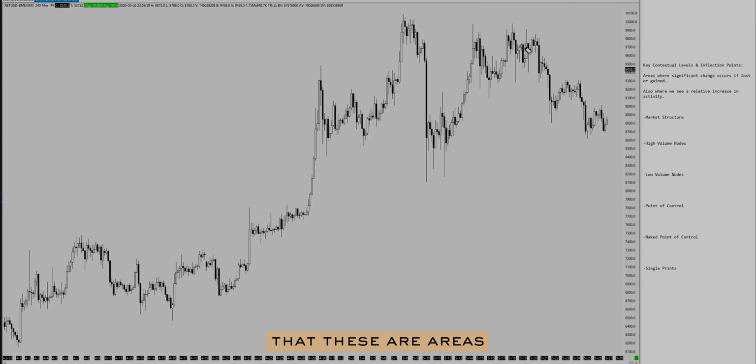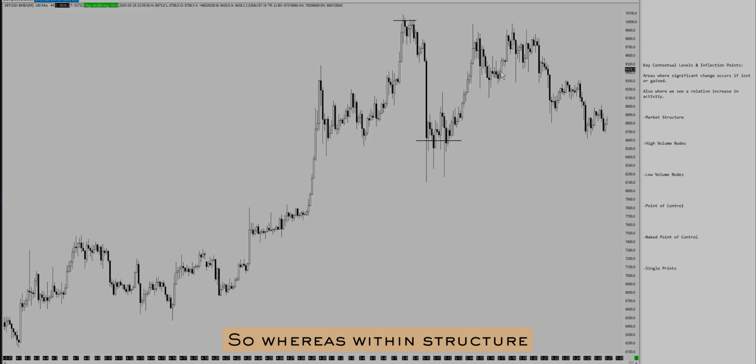Now we say that these are areas where we see a substantial increase in activity, and that's because if we're looking at market structure, this is a good buying opportunity at support. This is more often than not, if tested again, a good selling opportunity. So when price approaches these levels, we see a substantial increase in activity. It also happens to be that on the higher time frames, these levels, major swing points within market structure, are where we see all types of participants get into the mix.